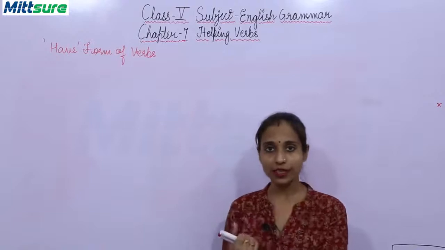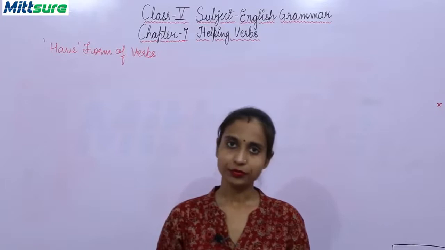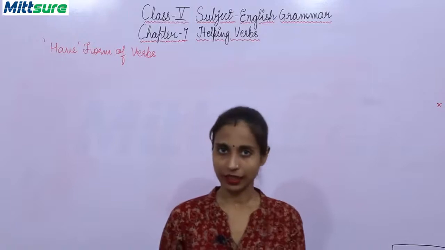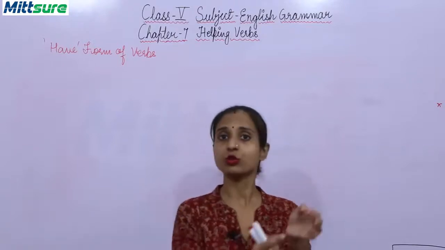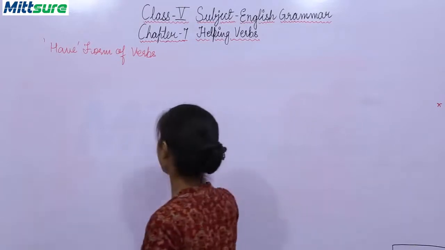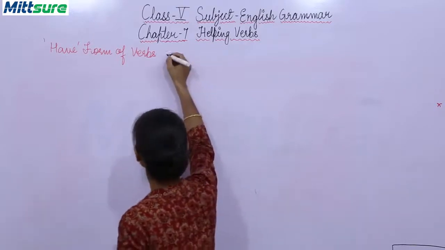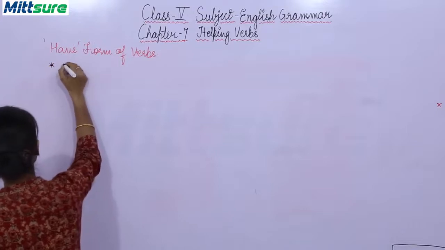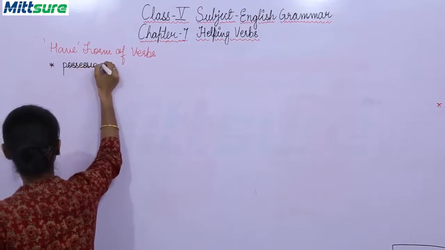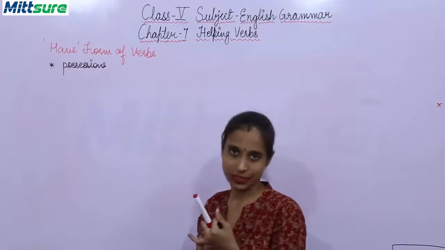That means what does a noun or a pronoun possess? Understood? Belonging. Has and have tell you the belonging, that this thing belongs to whom. Fine. So the first pointer about has or have is that they tell you possession.